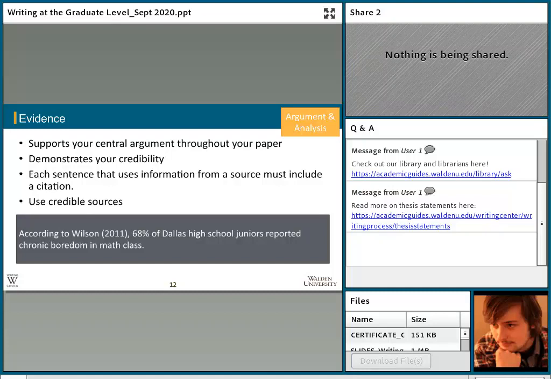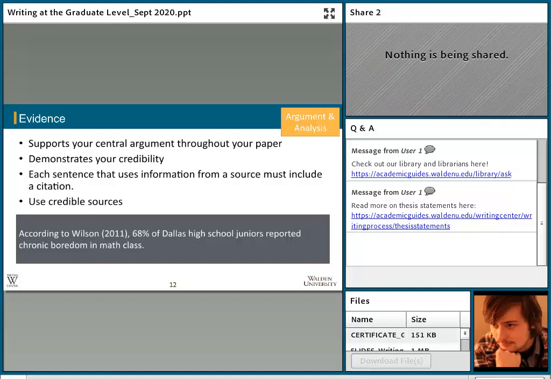Including evidence demonstrates your credibility. It shows that you are well researched on this topic, and that the argument you're making makes the most logical sense based on the research that you've read. It shows that you're well read on the topic, essentially. So in that way, it builds your credibility as an author. It makes the reader more likely to believe what they're reading from you.